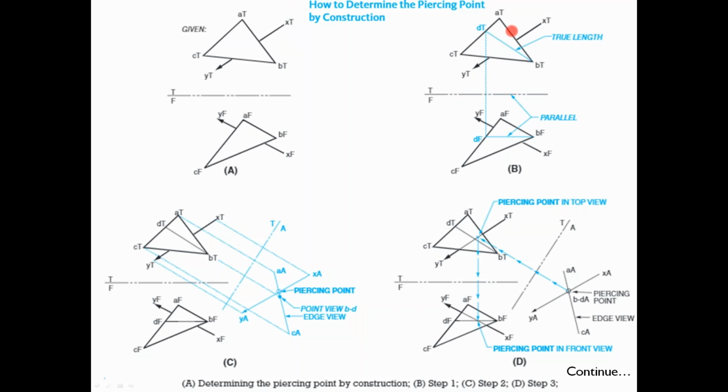So now that you have the true length, the next thing is, from the true length, you're going to project perpendicular to another fold line here to get your auxiliary view. You will project all the points, pass through this fold line here, same thing over here. And then you get this distance, which you measure from here.